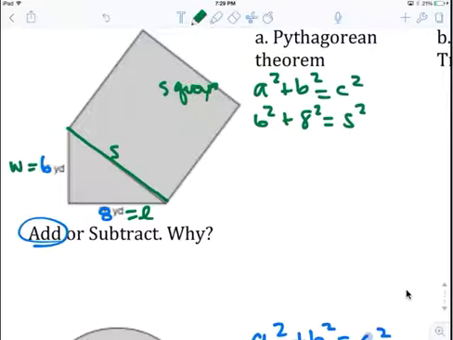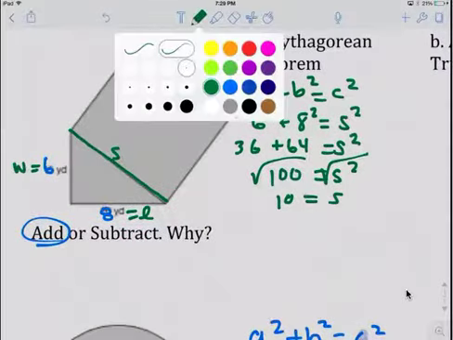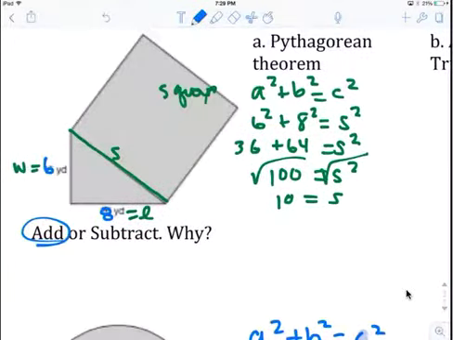So 36 plus 64 is side squared, that's 100 equals side squared. The square root gives s equals 10. So each side here is 10.